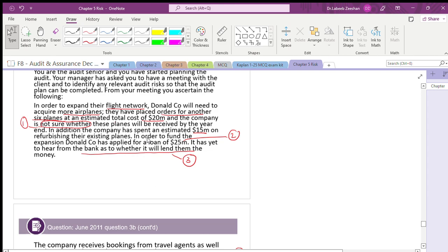They have applied for the loan. See what happens, they spend 15 million. In addition, the company has spent 15 million on refurbishing the existing planes. In order to fund that, they have spent before they receive the money. That is the first thing.